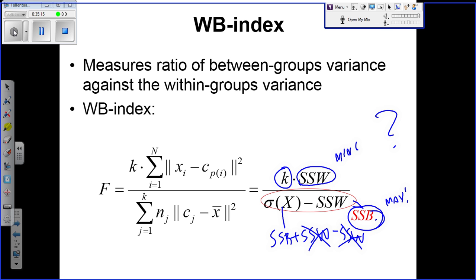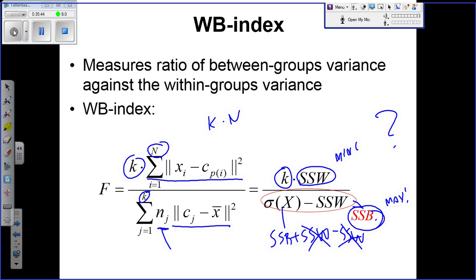Okay, let's look here. We have k times the sum over the points. Okay, this is the within-cluster. We sum it up n times, so there will be n elements multiplied by k. So this is the number of distances we will have. And as a divider, we are taking now for every cluster the within-cluster distance multiplied by the cluster size.